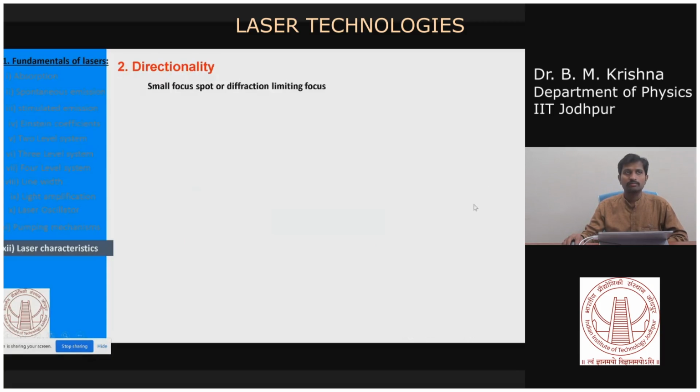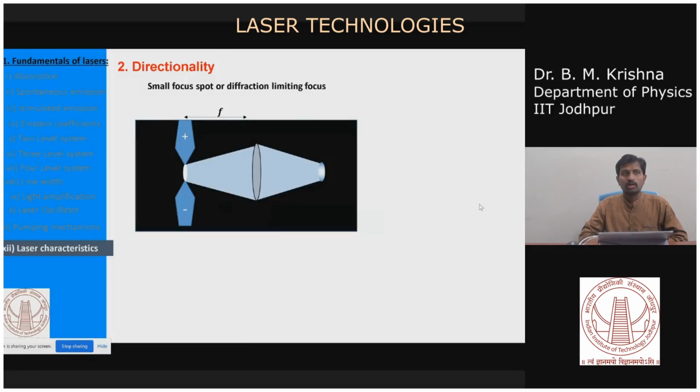And now we will see the focal spot, or diffraction limited focus. With a conventional source you use a lens for collimation, and you have to use one more lens to focus. I think there is an animation error here, but you need one more lens to focus.